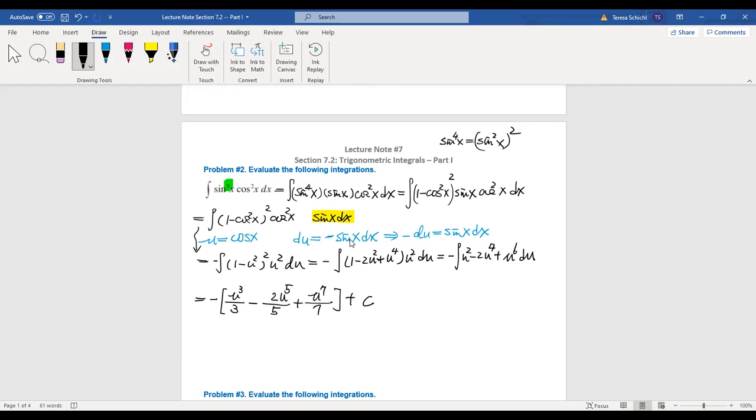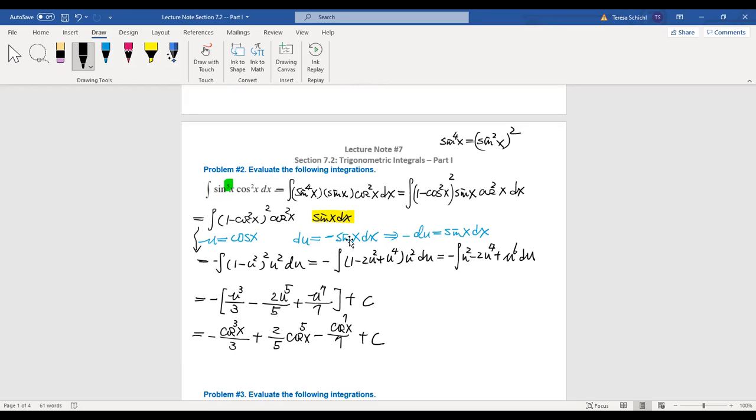Now you can plug in, so what is u? u is cosine x, so you can say this is negative 1/3 cosine x to the cube, negative negative is plus, so plus 2/5 cosine x to the 5th power, then negative 1/7 cosine x to the 7th power, and the plus C is here.